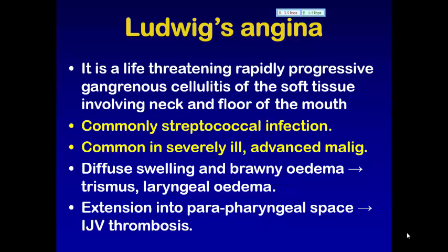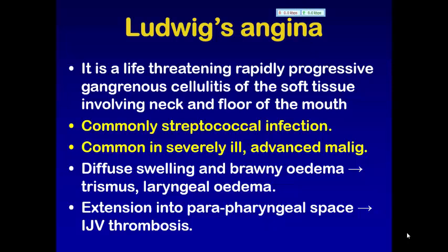Usually it starts in the submandibular region. It is common in severely ill patients and in advanced malignancy, causing trismus, that means spasm of the facial muscle, and laryngeal edema. That's why it is life-threatening.